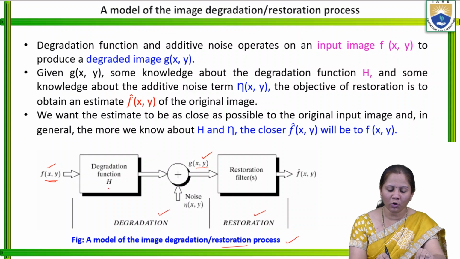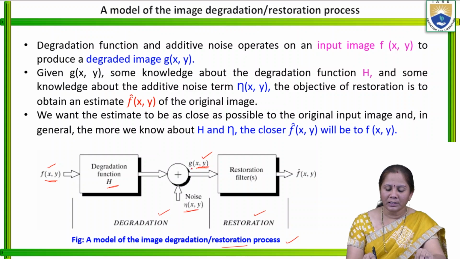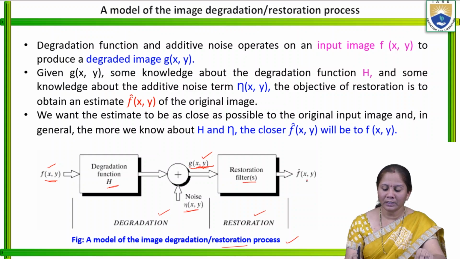This g of x comma y is the degraded image. It is the combination of the degradation function h and the additive noise n of x comma y. Considering this degraded image as input to the restoration filters, we will get the output f cap of x comma y, which is the estimated output.